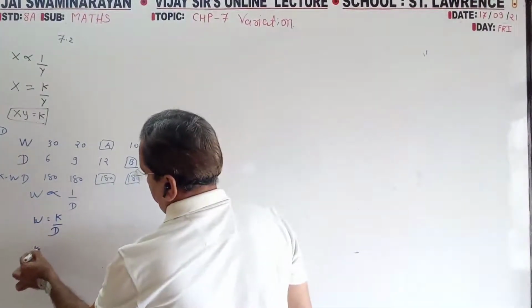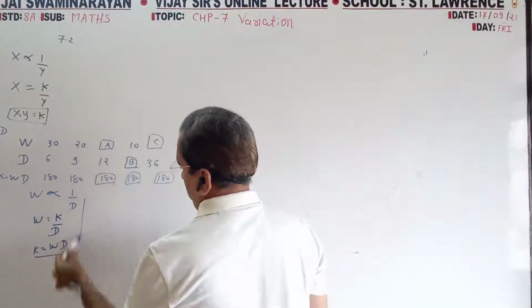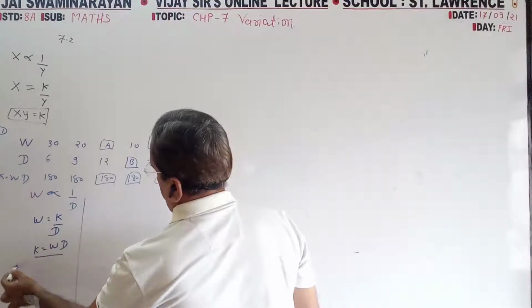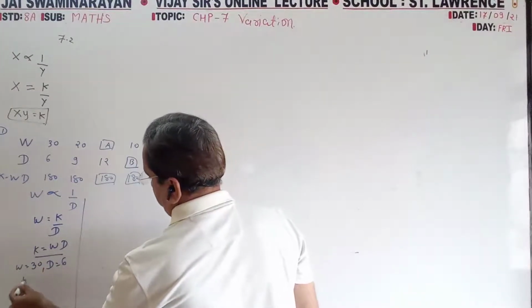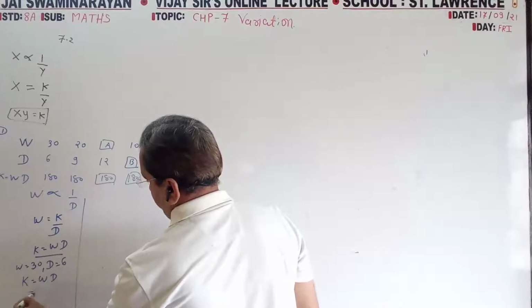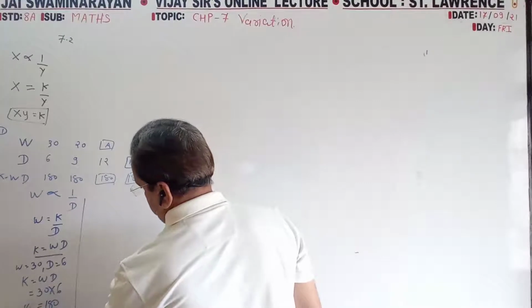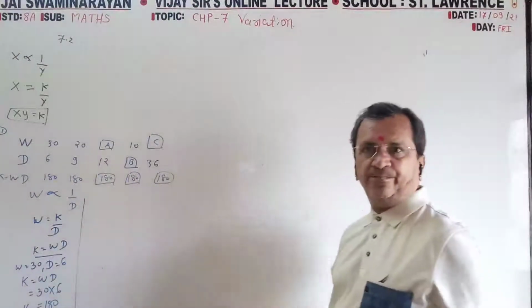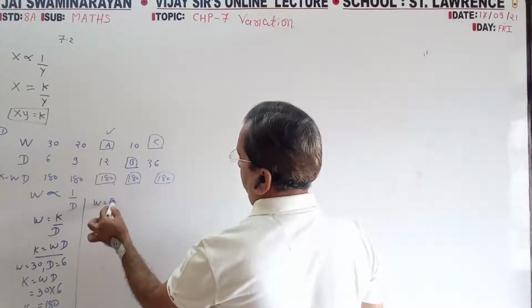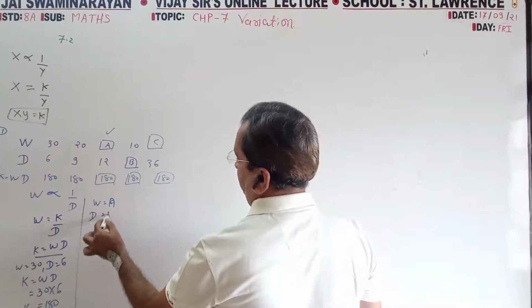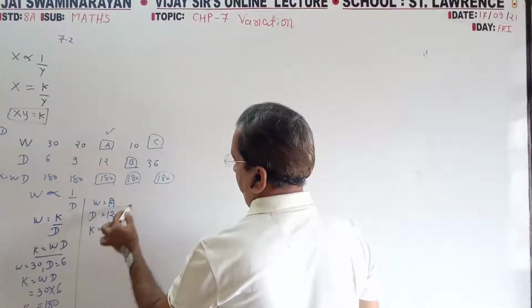So K is equal to WD. W is equal to 30, D is equal to 6, so K is WD. Now W is equal to 20, D is equal to 9, K is equal to 180.